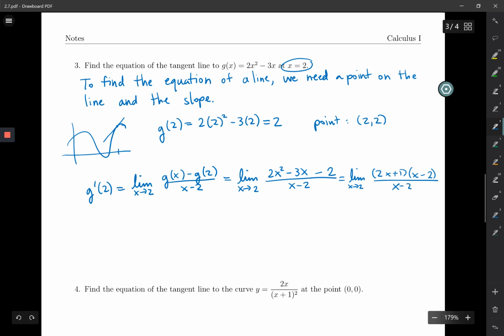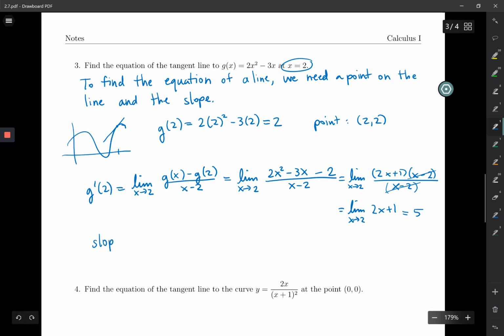Okay, this is nice because now I can cancel the factor x minus 2 in the numerator and denominator, and then we just have a linear function, which is one where we can just plug in x equals 2. So I just plug that in, and I will get 5. Okay, so that means that g prime of 2 is equal to 5.